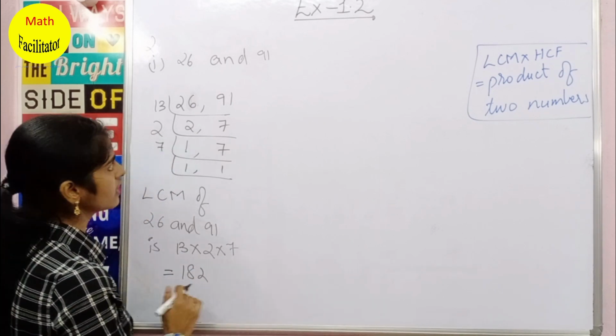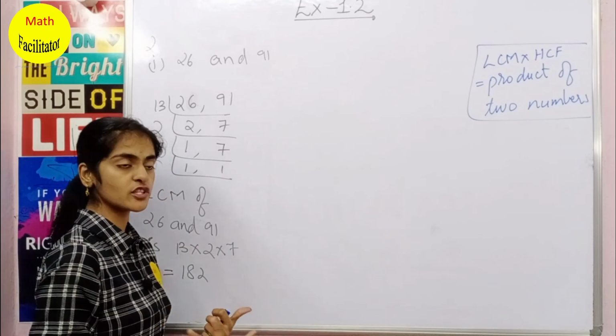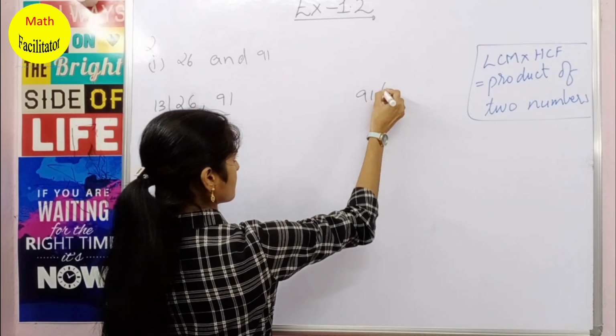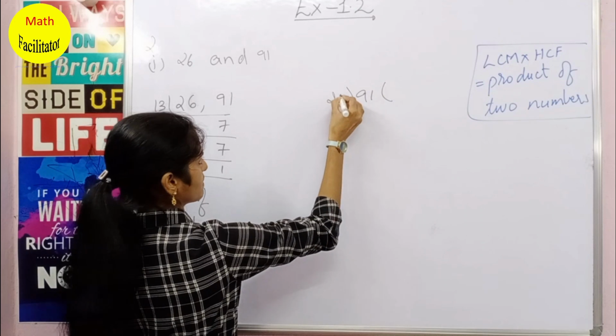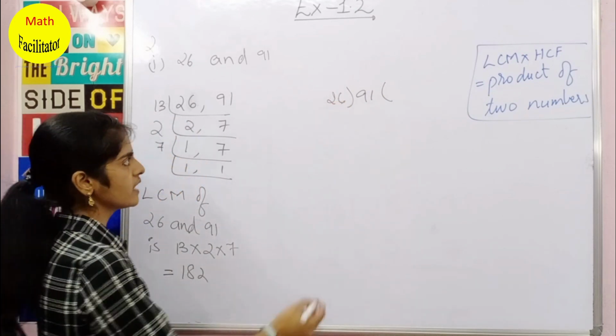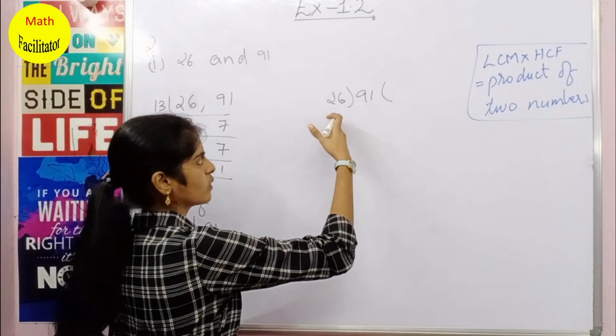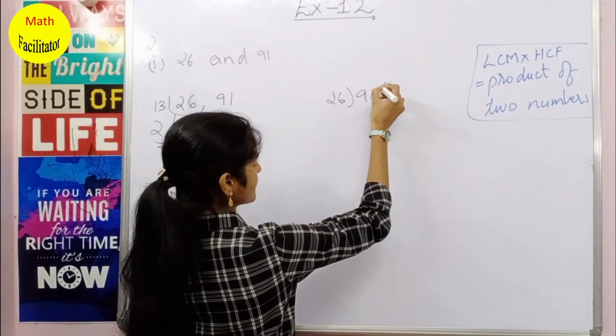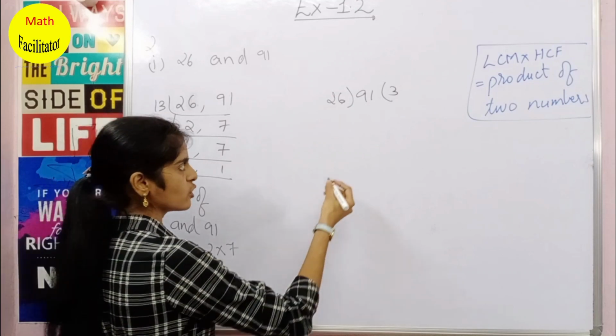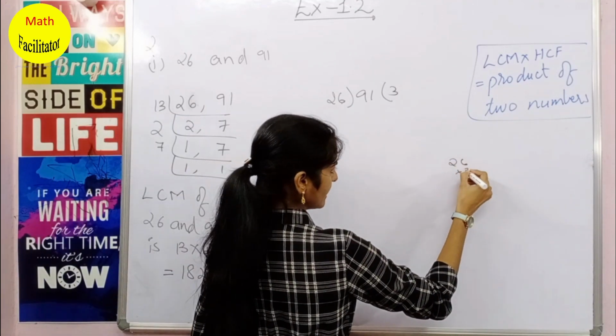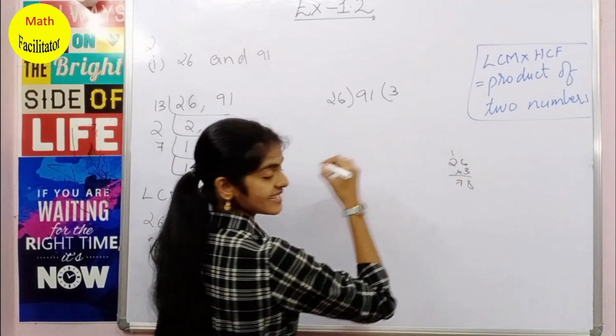Now let us find the HCF using the division method. The bigger number you will write here, and the smaller number will be the divisor. This we have already learned in Euclid's division lemma also. Clear? So 26 multiplied 3 times gives me 78.